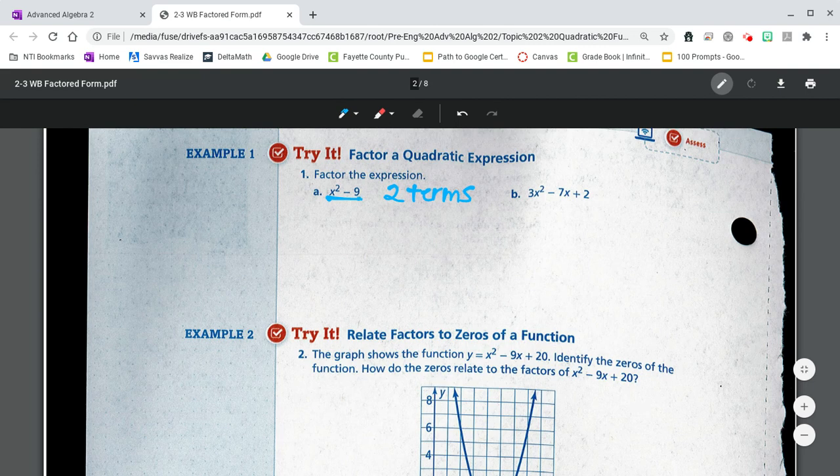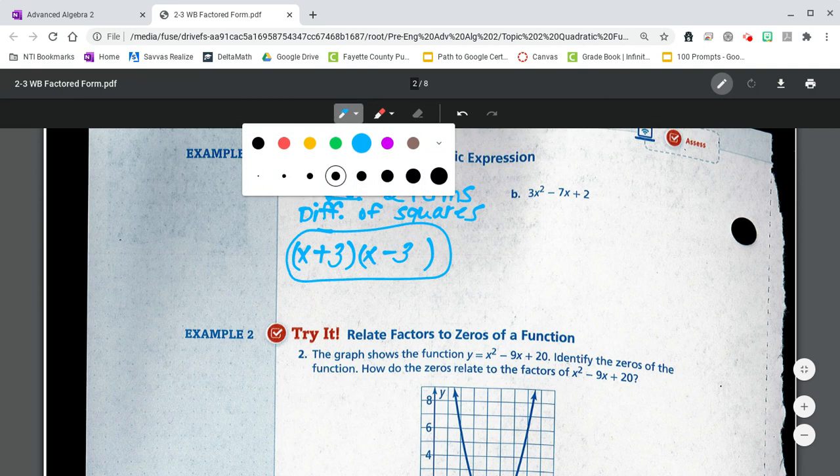So I recognize that this is a difference of squares. And you can factor a difference of squares into two binomials by taking the square root of the first, the square root of x squared is x, and taking the square root of the last, the square root of 9 is 3, and then have a plus and a minus.